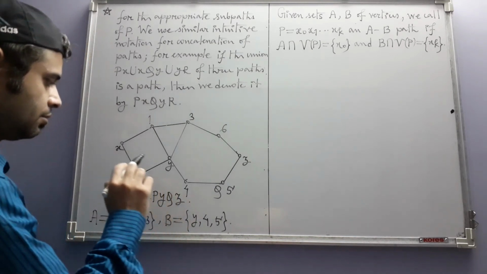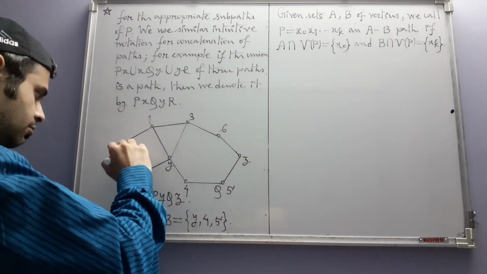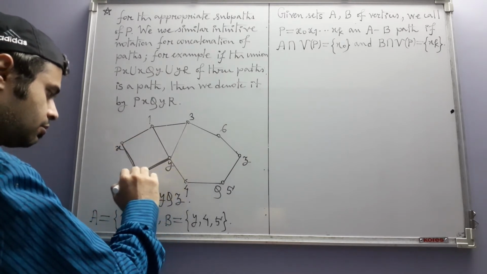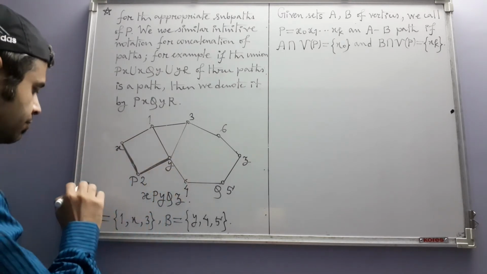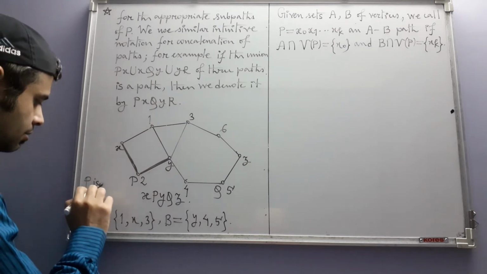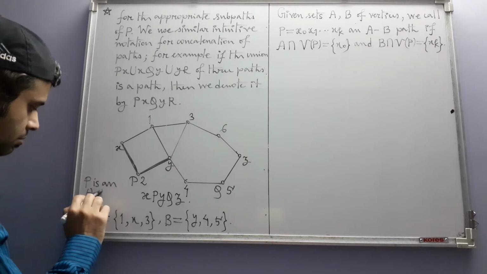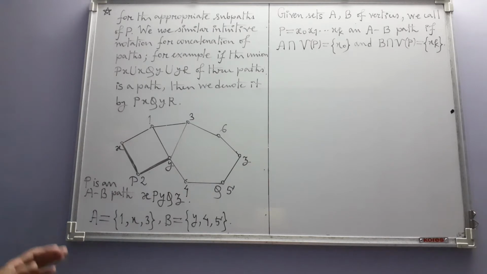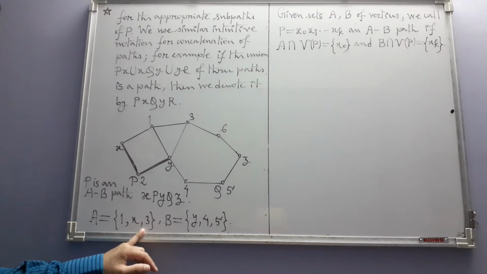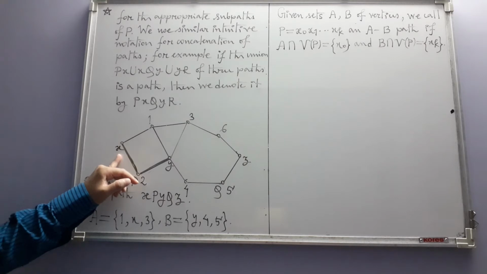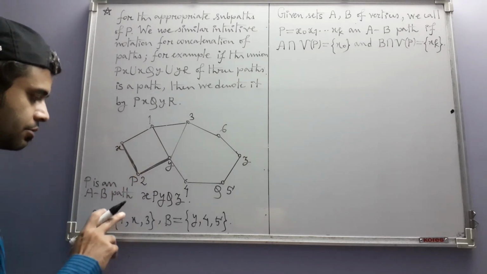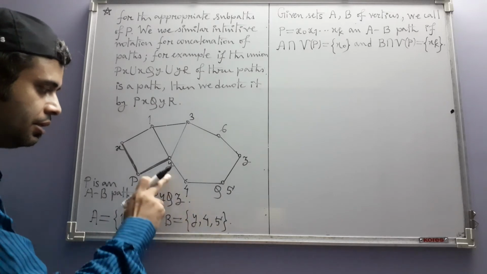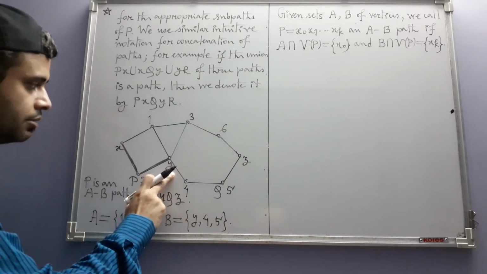Then this P, this path of length 2, is an AB path. Why? Because the only vertex common to A and P is x, where the path is starting, and the only common vertex to the path P and B is y, where the path is ending.